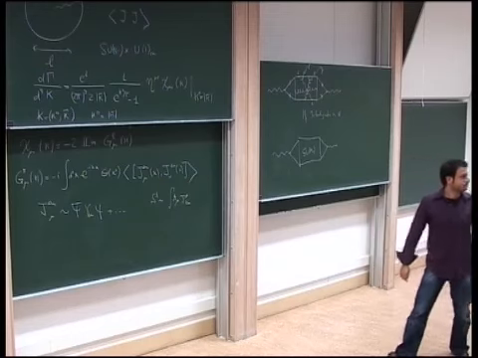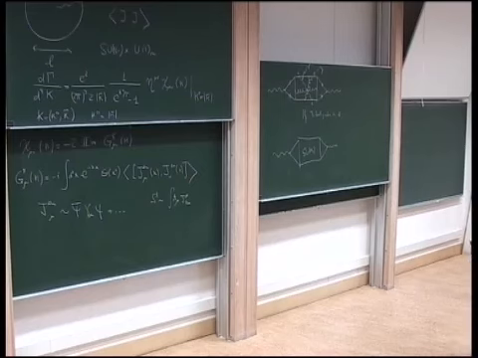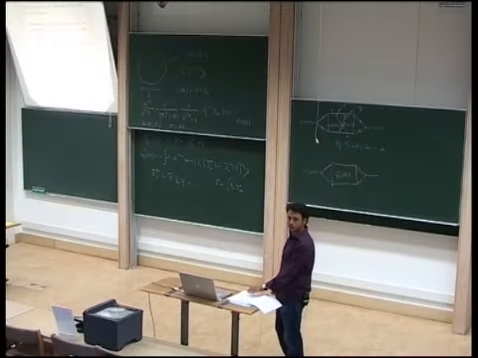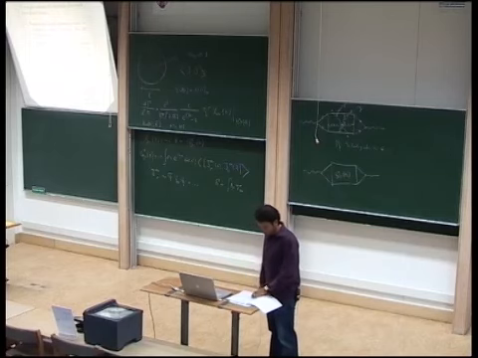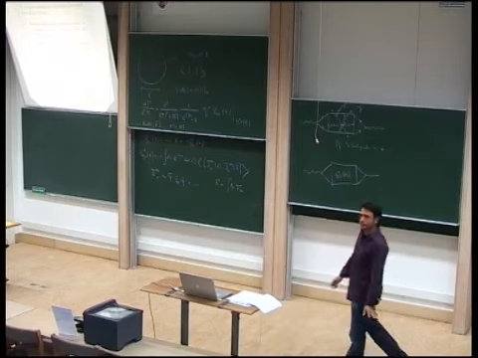Is this clear? Just like, for example, calculating the viscosity requires you to calculate a two-point function of the stress energy tensor. Here, calculating photon production is a two-point function of electromagnetic currents. But conceptually, it's exactly the same. Any questions about this?